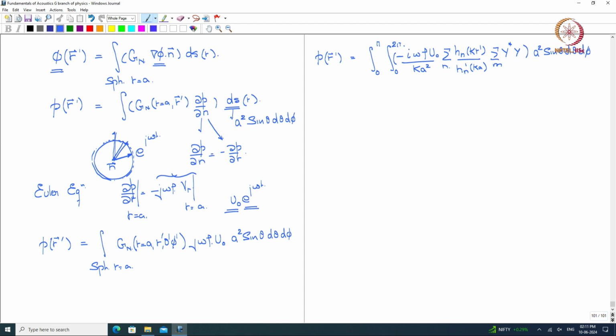Okay. Now, just to help us finish this thing, we should recall that Y 0 0 theta comma phi is equal to 1 over square root of 4 pi, Y 0 1 theta comma phi is equal to root over 3 by 4 pi, okay, and then lastly Y 0 n theta comma phi is equal to root over 2 n plus 1 by 4 pi P n cos theta.